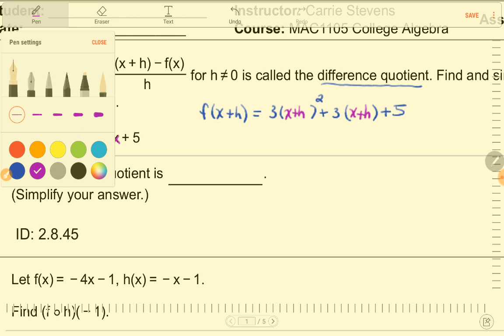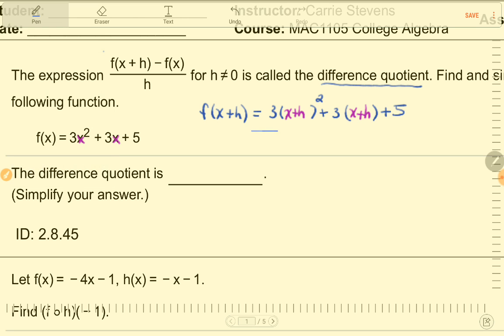All right, then I'm going to simplify, and this part of it is pretty easy to simplify. We're just going to distribute the 3, and we'll have 3x plus 3h plus 5, and that's no big deal. That's pretty simple. We've been doing stuff like that already, but this part is a little bit more involved, I guess you could say, and that's because this is not true.